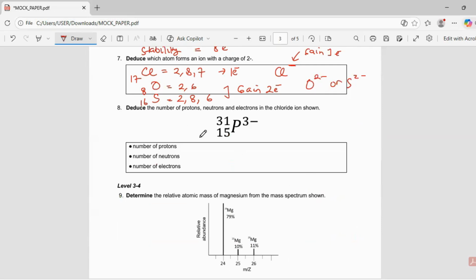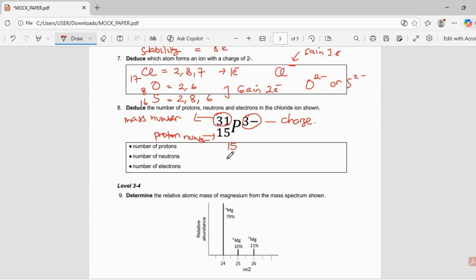Number 8, we are discussing the symbol. Now, what can we learn from the symbol? This 15 actually is the proton number. And this 31 is the mass number. This 3 minus is the charge. So what is the number of protons? The number of protons is 15.